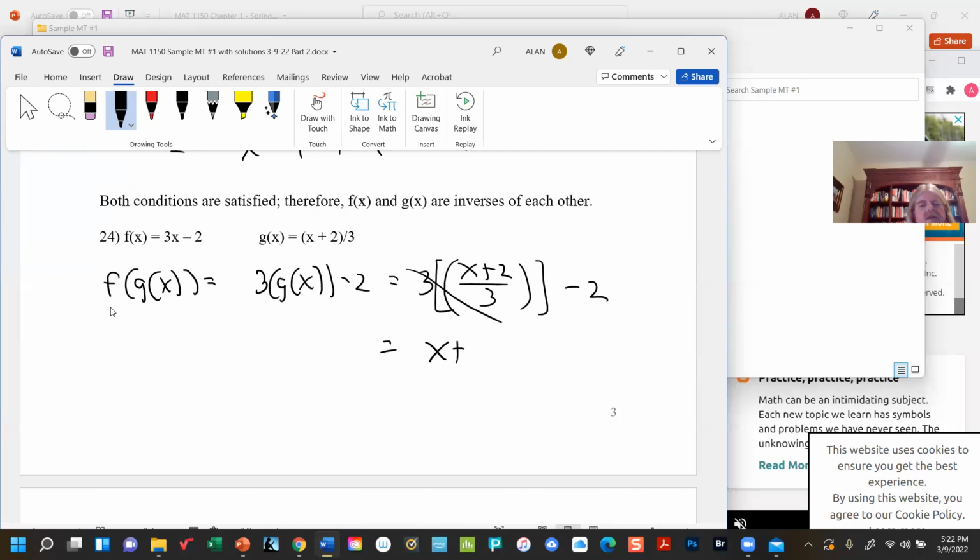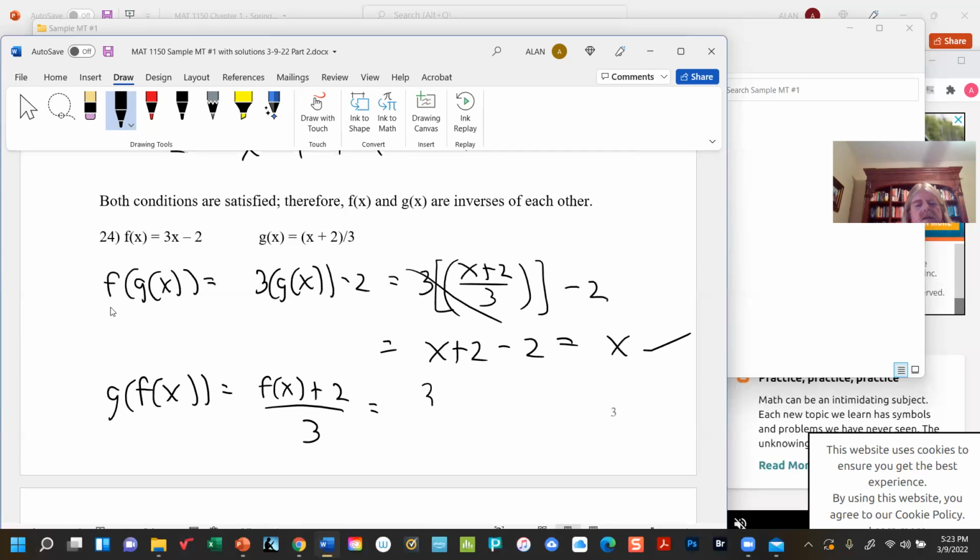You're left with x plus 2 minus 2, which is just x. All right, so that one's fine. Now, how about g of f of x? You'll have f of x plus 2 over 3, which equals 3x minus 2 plus 2 over 3. 3x over 3, or just x.